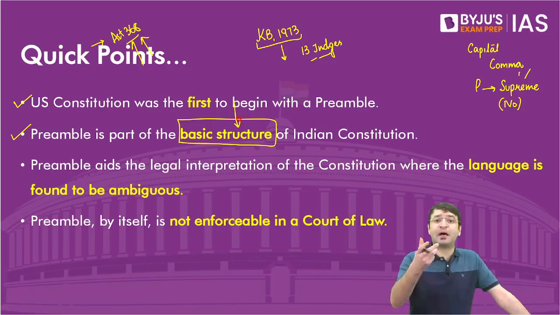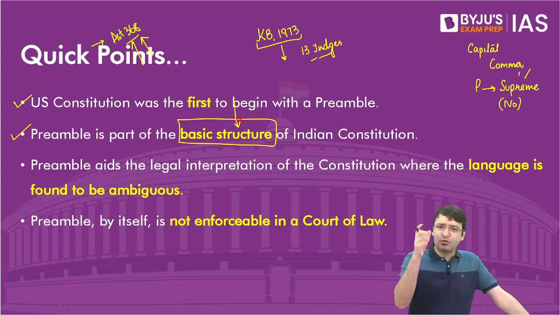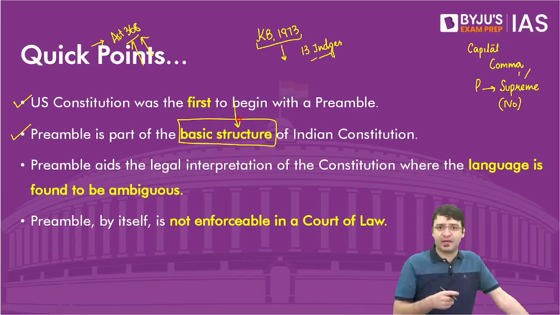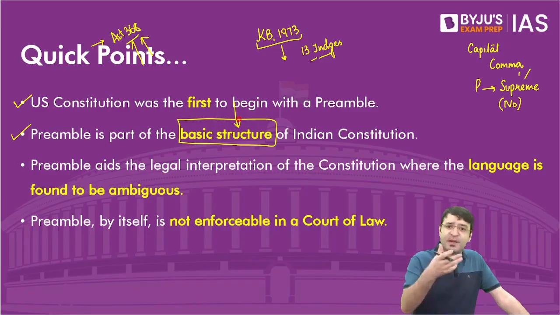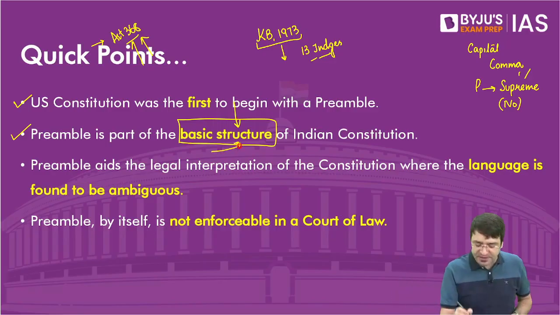For example, parliamentary democracy is part of the basic structure. No amendment of the Constitution can convert our parliamentary democracy into a presidential democracy. Republic, sovereign, socialist, secular, democratic, objectives mentioned in the preamble, such as liberty, equality, justice, fraternity, those are also part of the basic structure.